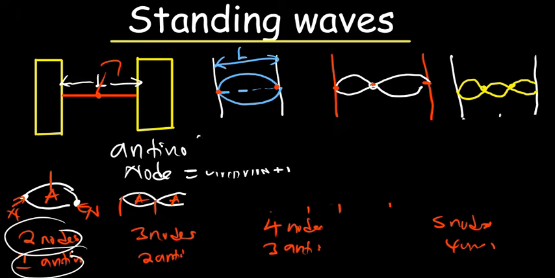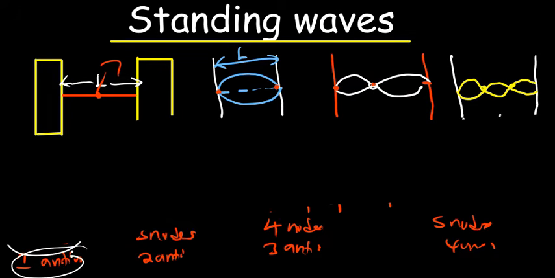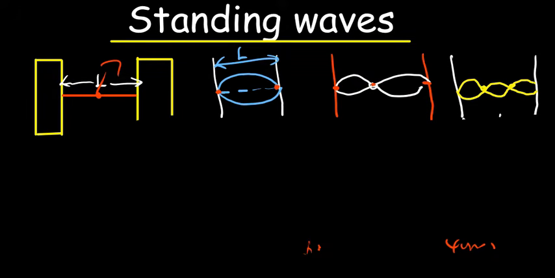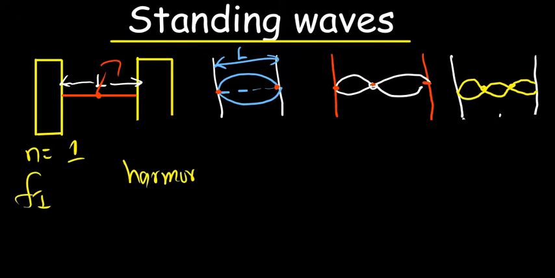Now let's go back to our diagrams here. The first one here is what we call if n is equal to 1. If I've got only one loop, then we are dealing with the first harmonic. The first harmonic, it is the same as the overtone.